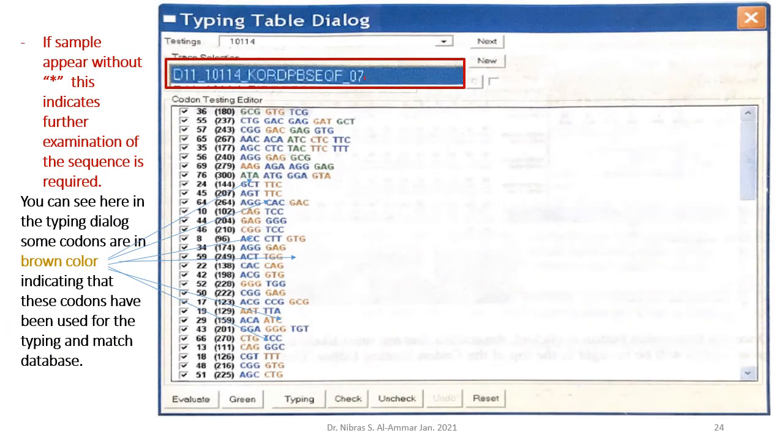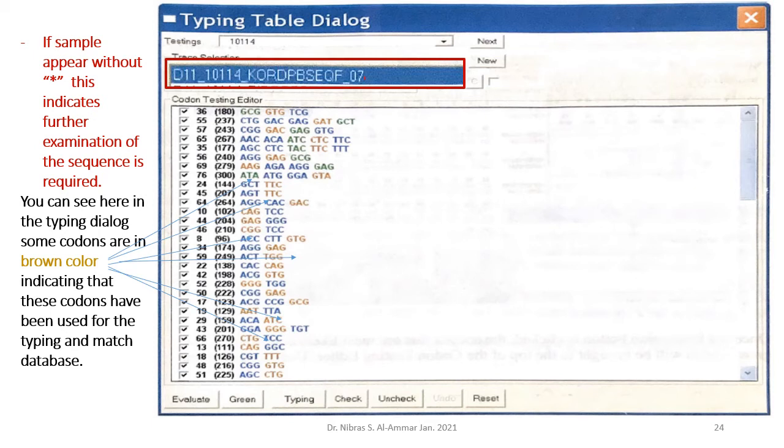Now, if the sample appears without this mark between brackets, this indicates further examination of the sequence is required. We need to examine the sequence, examine the peaks in the chromatogram, and see if there is something wrong in our sequence.